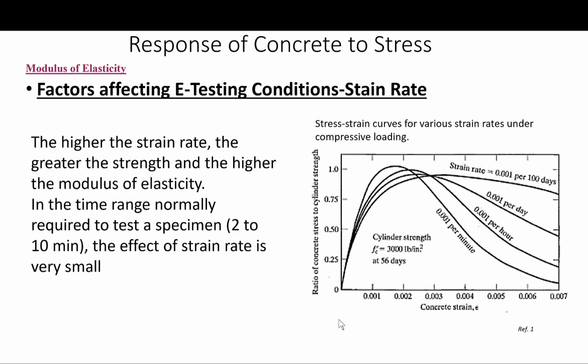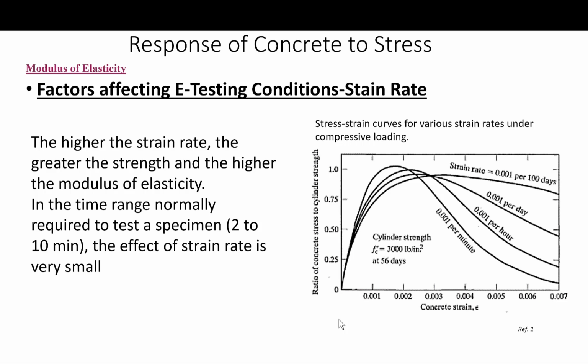So as a result, the dynamic modulus is about 20 to 30% higher than the static modulus, and of course dependent on the strength of the concrete. The dynamic modulus is used primarily to evaluate soundness of concrete and durability tests, as we will see when we talk about the non-destructive testing for in situ evaluations.